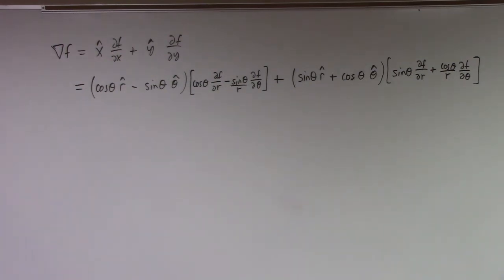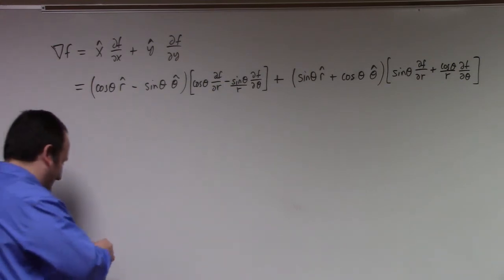There you go. That's the gradient in polar coordinates. We've eliminated the x and y. All that remains are r's, r hats, and theta hats. That's the polar expression for the gradient. Fortunately, this simplifies. Otherwise, I wouldn't be talking about it. This collapses down a lot.